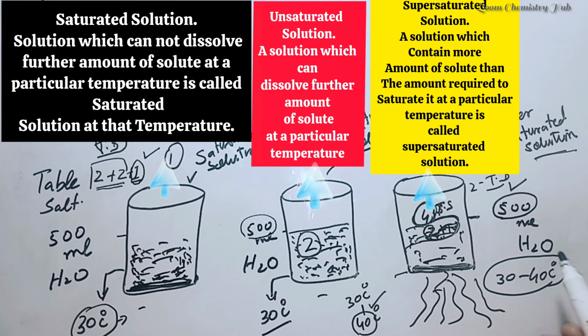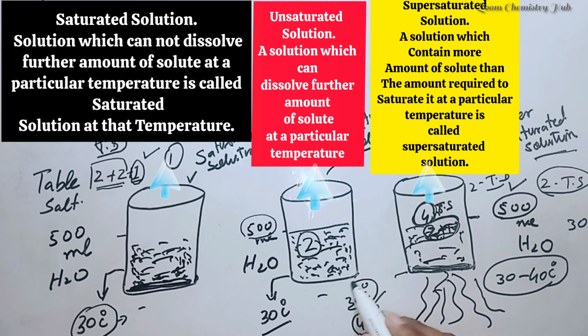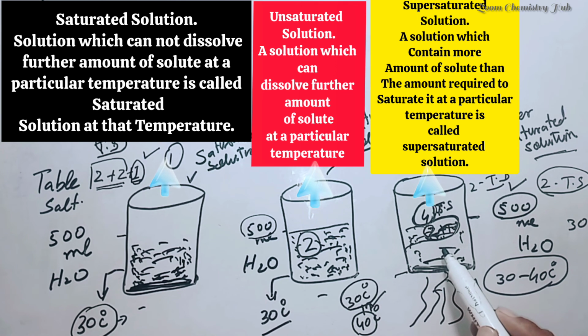And after dissolving this additional 2 teaspoons of table salt, when we cool this solution again to 30 degrees centigrade, then these 2 teaspoons of table salt will crystallize.